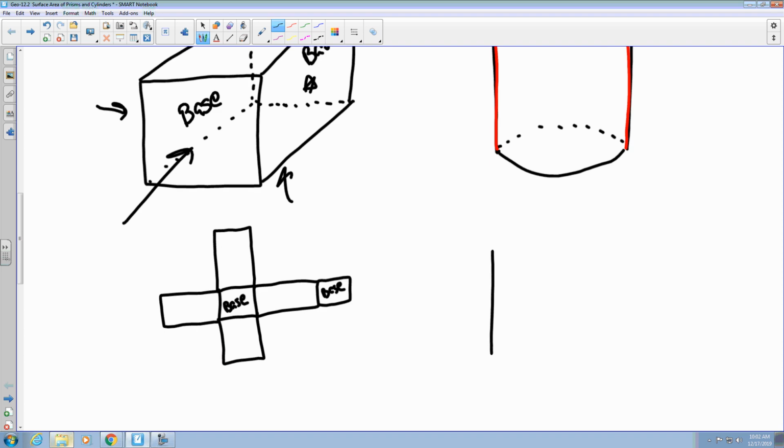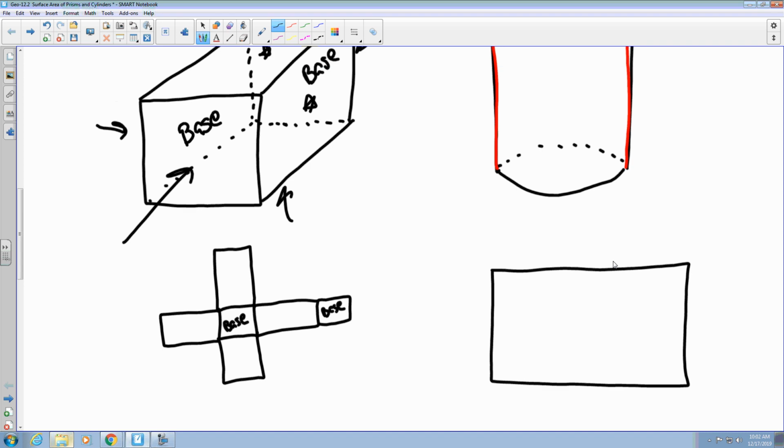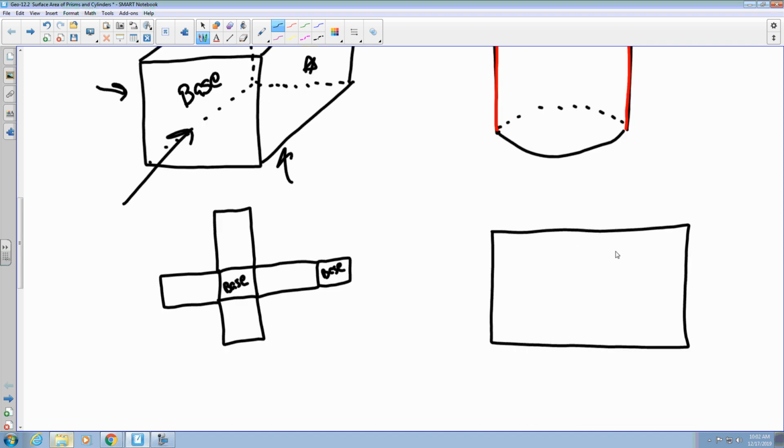It's very similar to a roll of wrapping paper for gifts, whether birthday or Christmas. When you roll it out to get ready to wrap, it shows up as a rectangle. So this is essentially our lateral face.